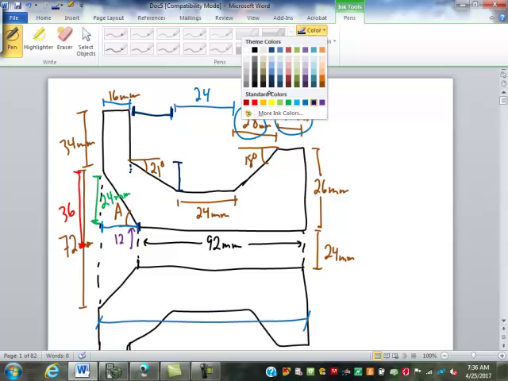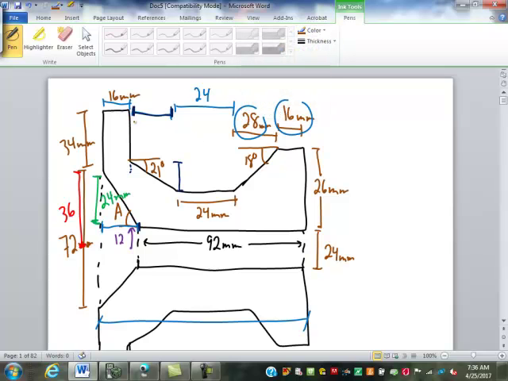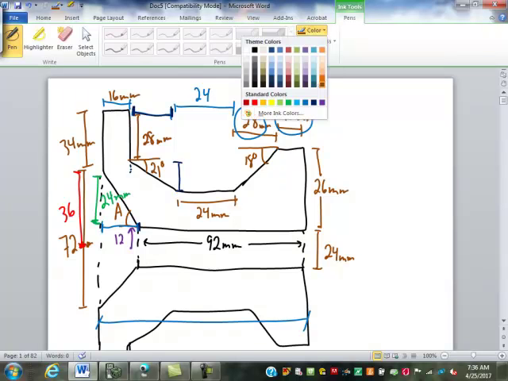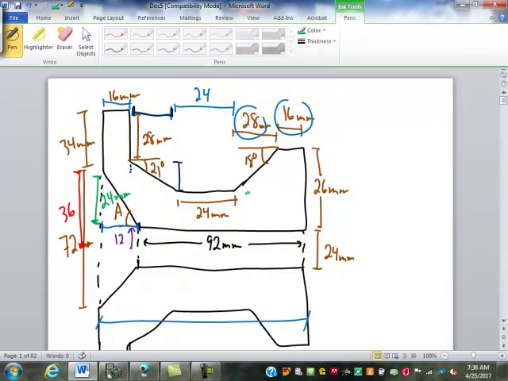We can find this. There's one dimension here that looks like I forgot to give you. This piece here is 28. So we can find that dimension if we knew what this thickness was, right?